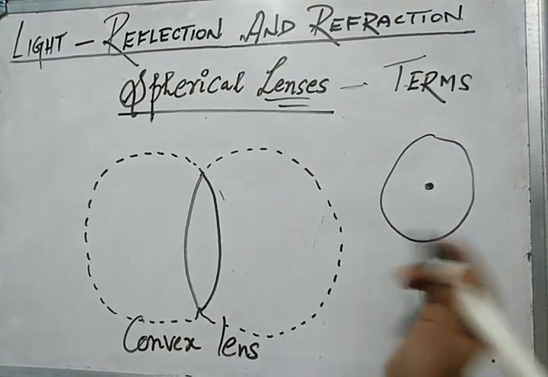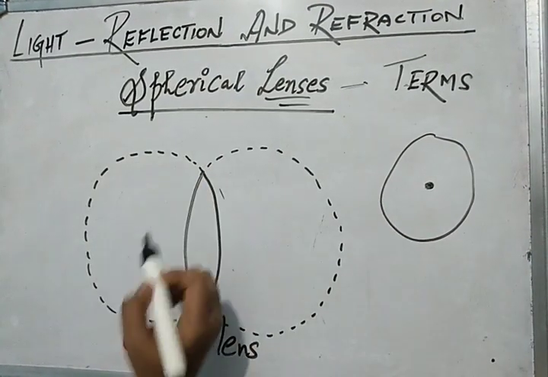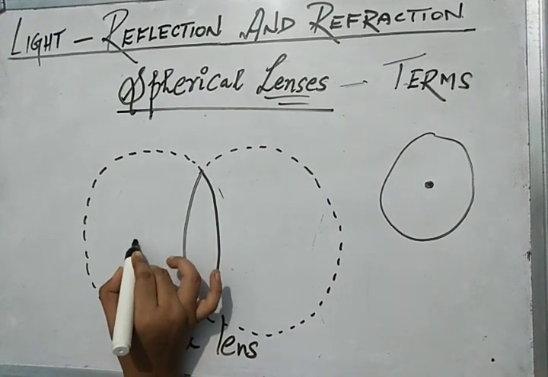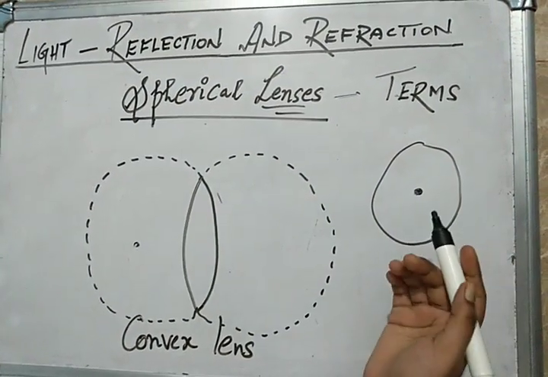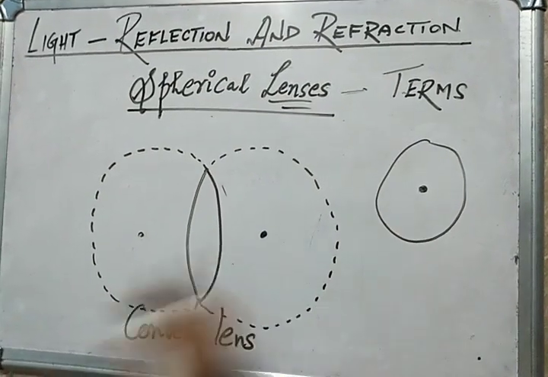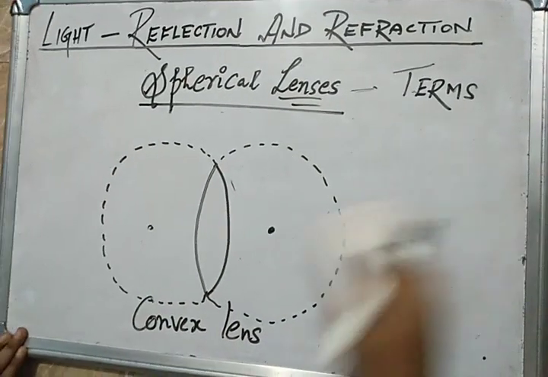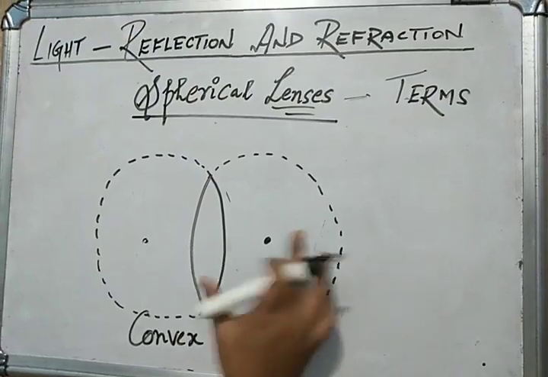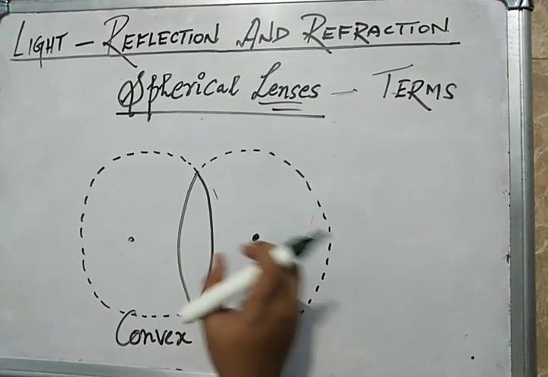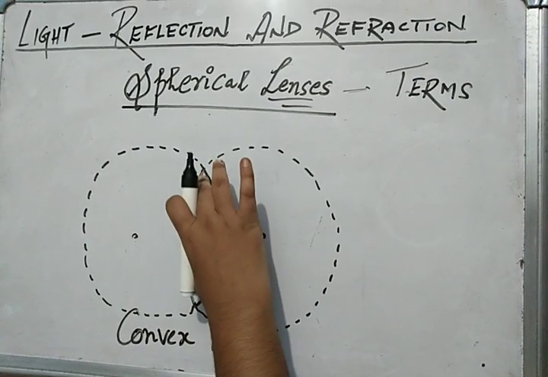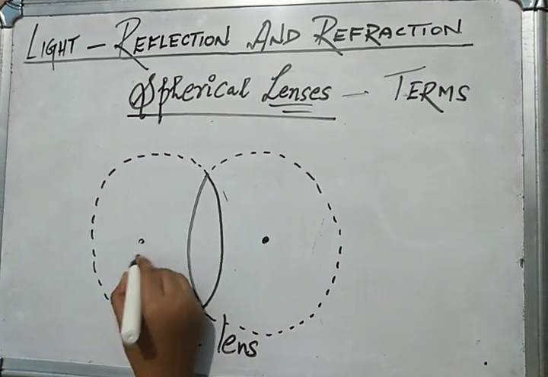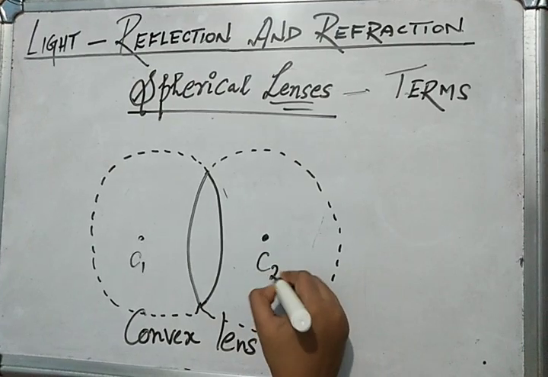That's not possible, right? So definitely this sphere has its own center. This is the center, and this sphere has its own center. Just imagine this to be a center because we do not have exact measurements. Let's take just approximate measurements. This is the center. Now this lens is going to have two centers, C1, C2.